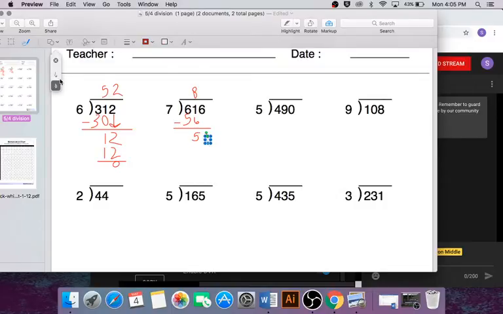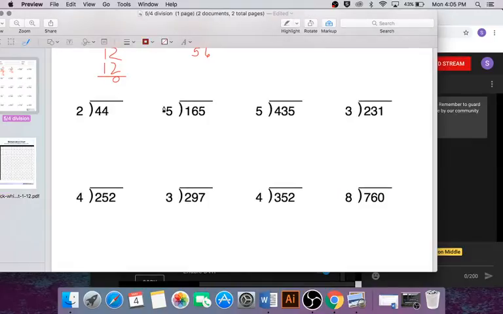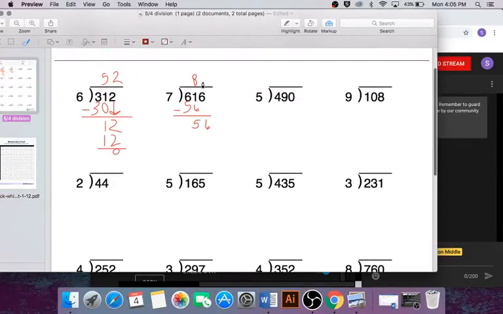Now we need to figure out how many times 7 goes into 56 without going over. So we go over to our 7 times table, and we found 56, because 7 times 8 is 56. So we're going to put our 8 over here above the 6. 8 times 7 is 56. When we subtract those, we'll get 0.